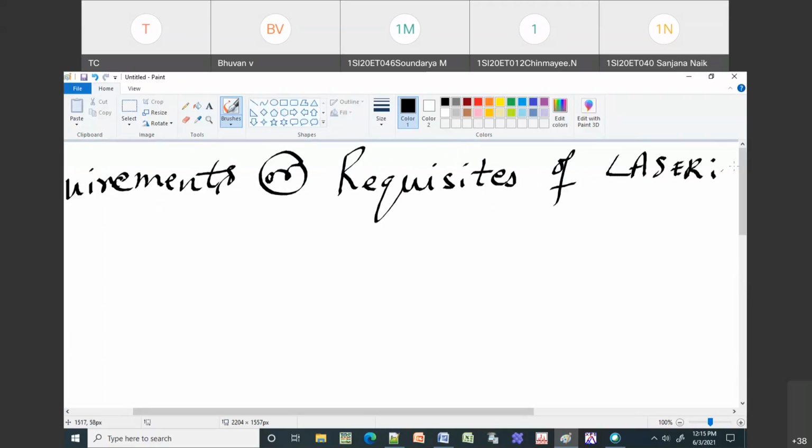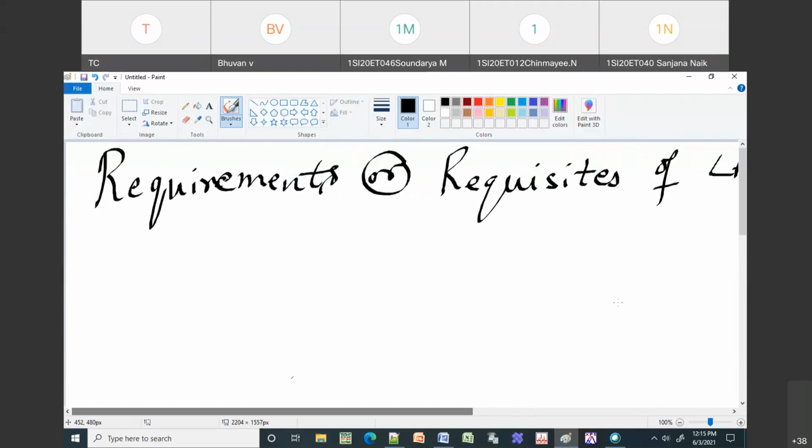This we will see, and then we will see how it happens. What are the requirements of a laser? What is the meaning of requirement or requisites? Can anyone tell?